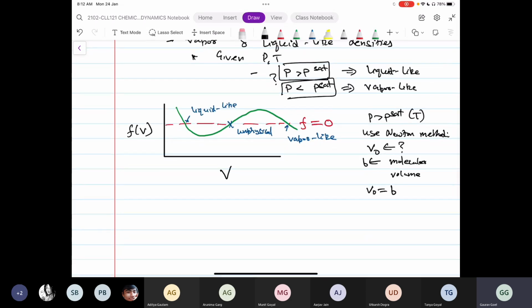Similarly, if the pressure was below P sat, then I will start with the ideal gas volume as my initial guess. Okay, so you can clearly see if I start with the ideal gas volume, I will end up with the vapor like root as my answer. If I start with molecular volume, that means on the extreme left, I will end up with the liquid like volume as my answer. Okay, so that will be the procedure you will follow for any generic cubic equation of state.